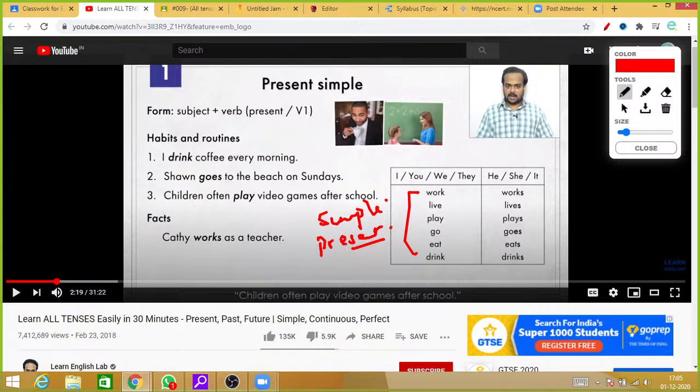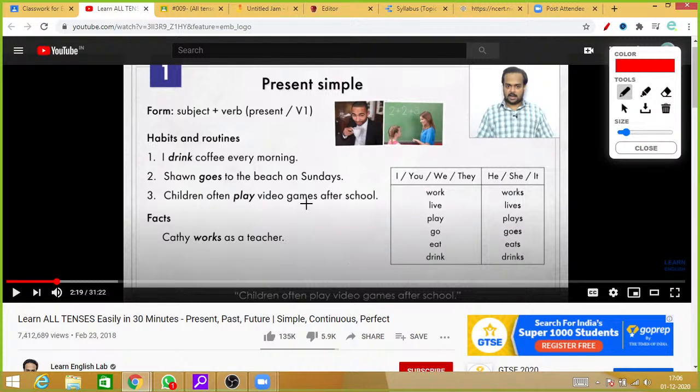I want you to use these words also for simple present continuous tense. Yes, all these words. So make sentences using these words in simple present tense as well as simple present continuous tense. Understood, Ritik? The more you write, the better it will be, and then you will be able to differentiate also how to write. You can go through this video again and understand.